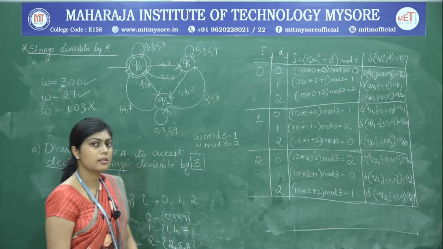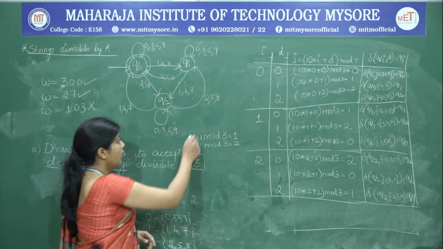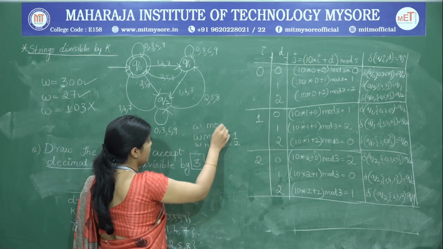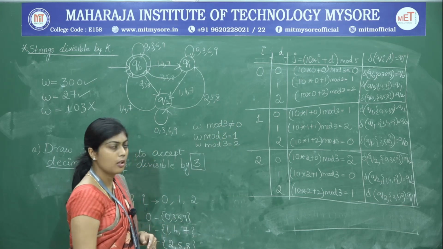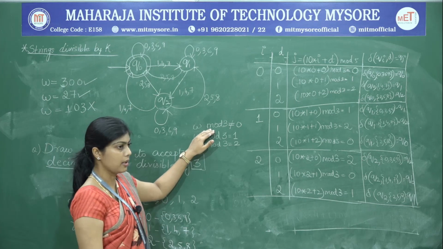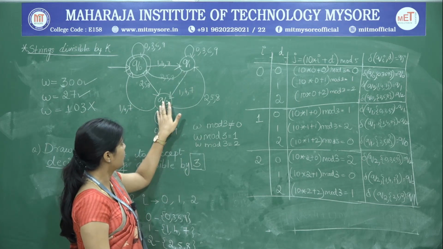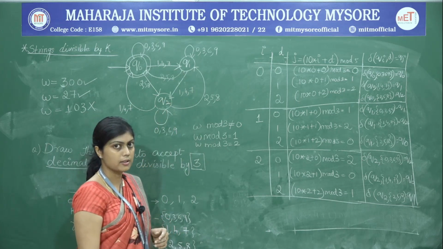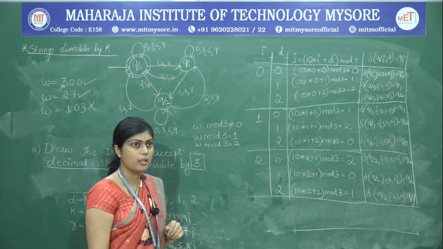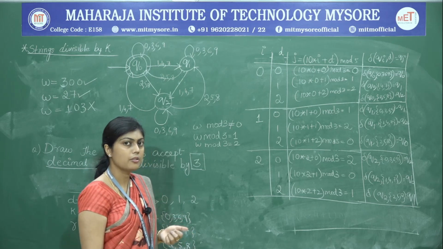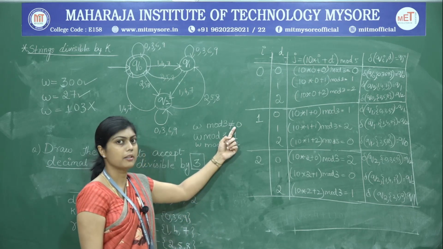The problem may be asked in another way also. So w mod 3 is not equal to 0. In this case q1 and q2 are going to become the final states, and q0 is not going to be the final state. The reason is that we are not interested in anything which is divisible by 3.